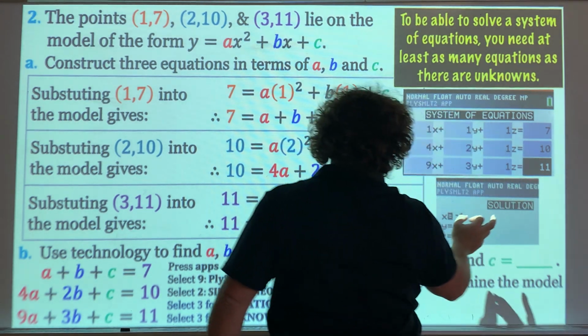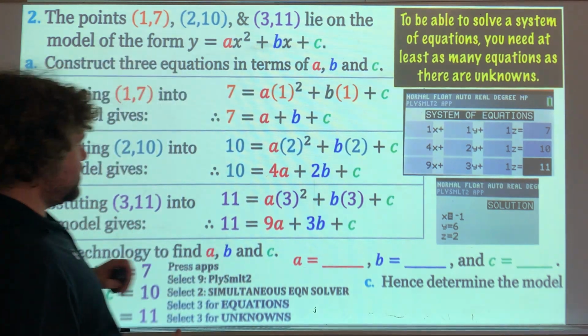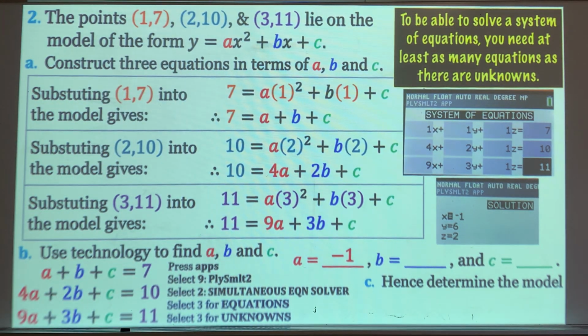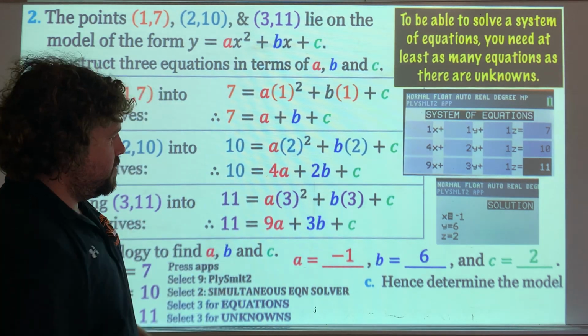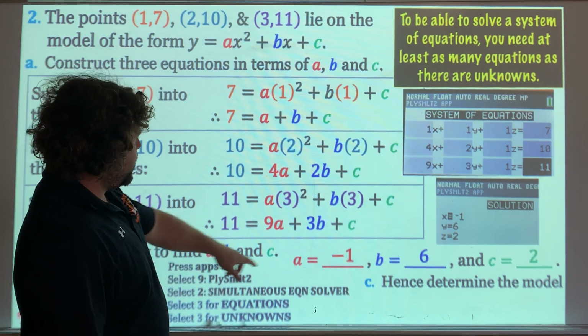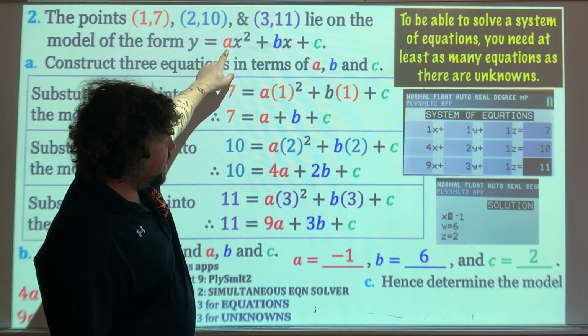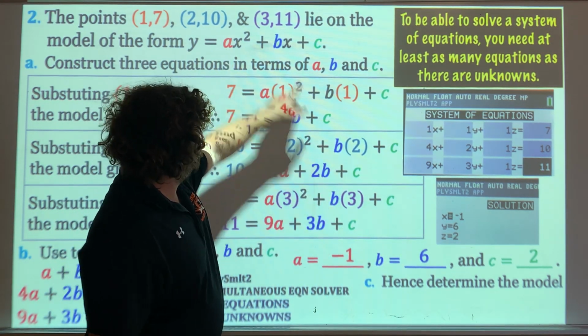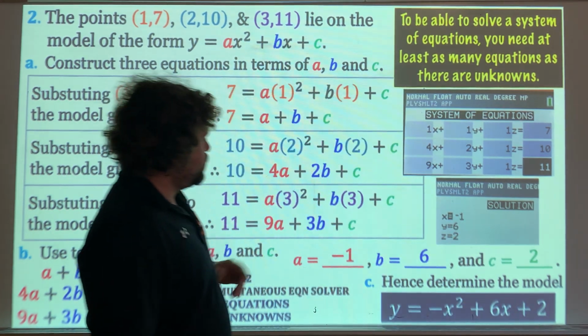Hit the solve button. You get -1, 6, 2. Doesn't it feel good to get the right answer? A is -1, B is 6, and C is 2. Let's create a model, hence determine the model. The model is y equals -1x squared plus 6x plus 2. There you go.